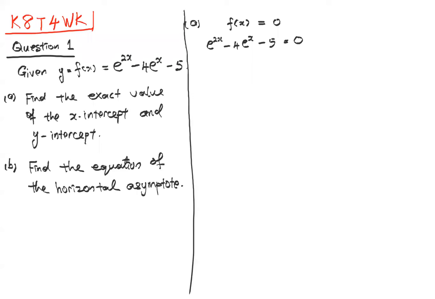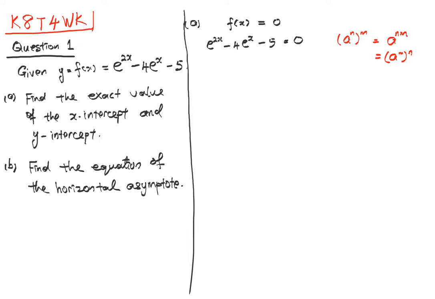So whenever I see this, I straight away think of one of the indices rules, that is a to the power n times m, correct? Or I can write it the other way around if I want to. Am I right?